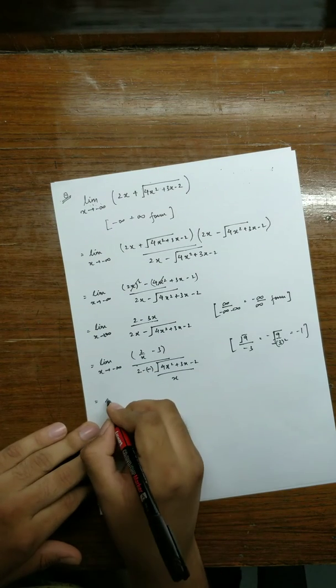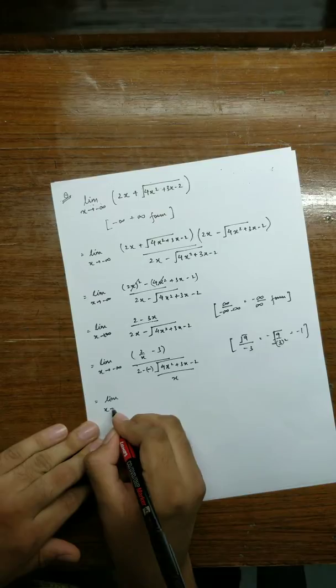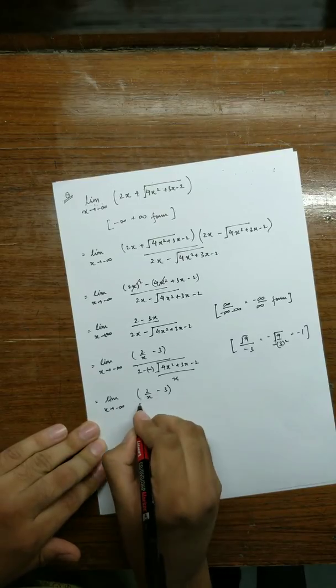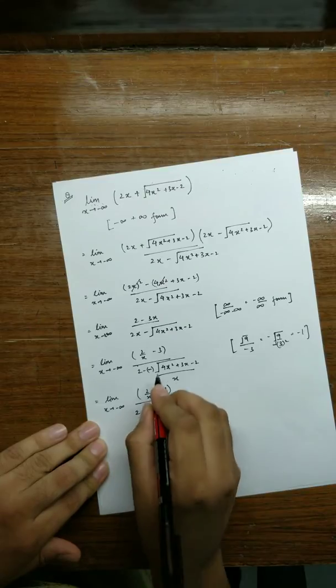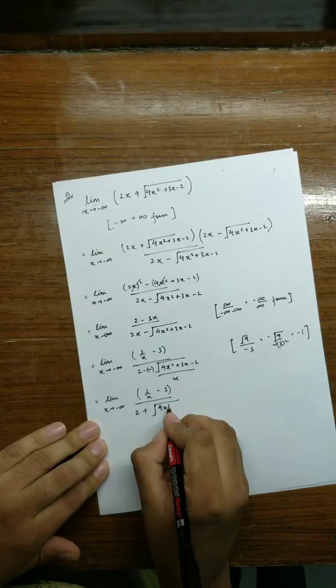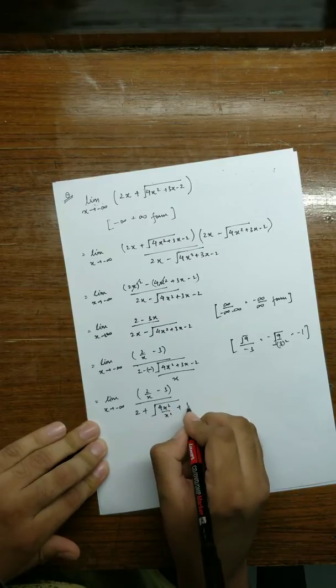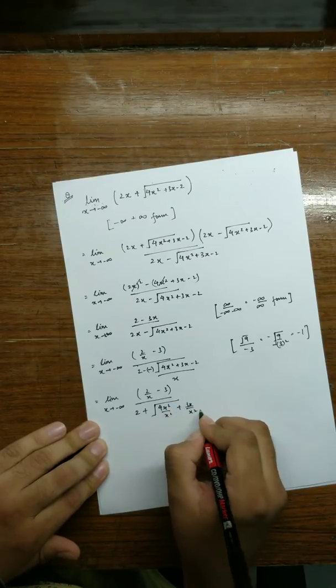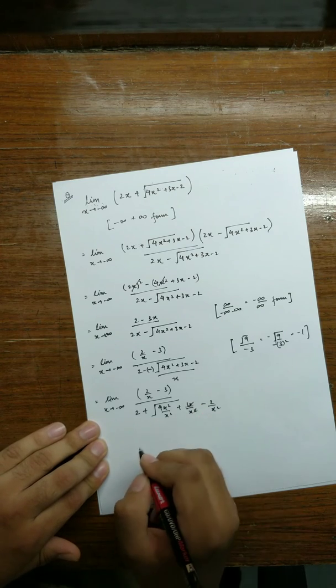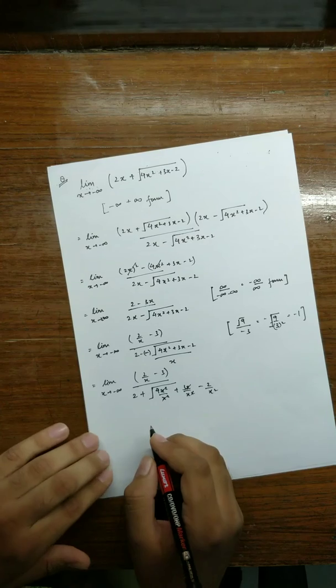So what we have then is the limit as x tends to minus infinity of 2 over x minus 3, divided by 2 plus, since minus times minus is plus, the square root of 4x square by x square plus 3x by x square minus 2 by x square. The x and x cancel out, x square and x square cancel out.